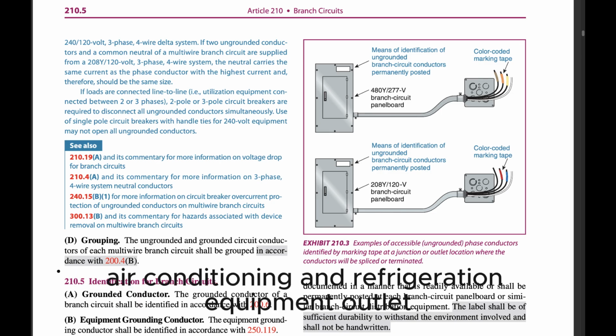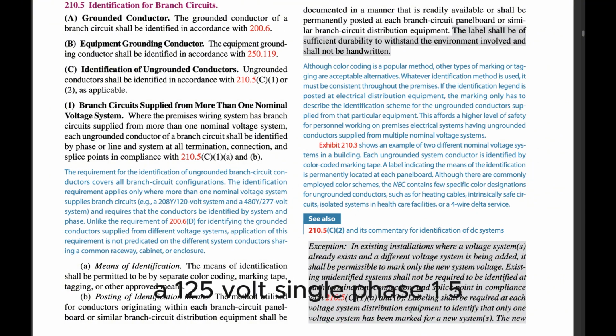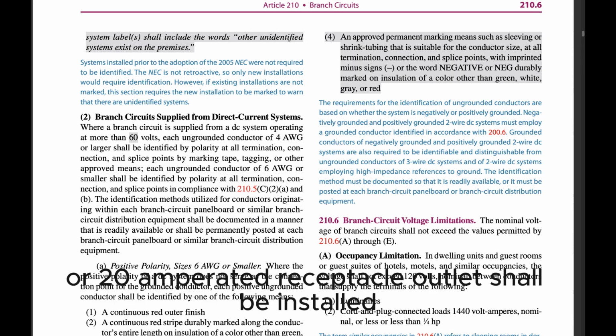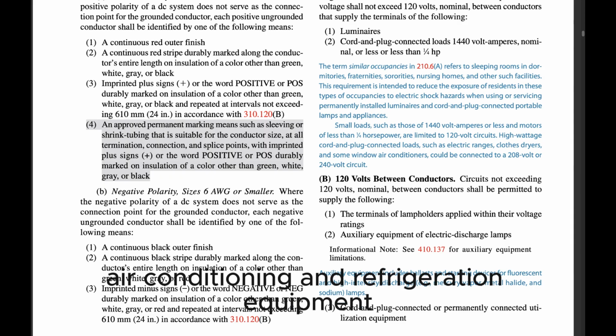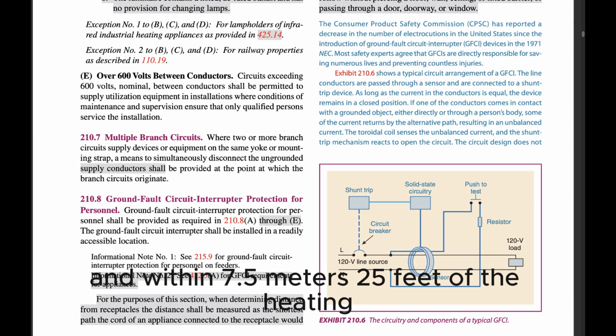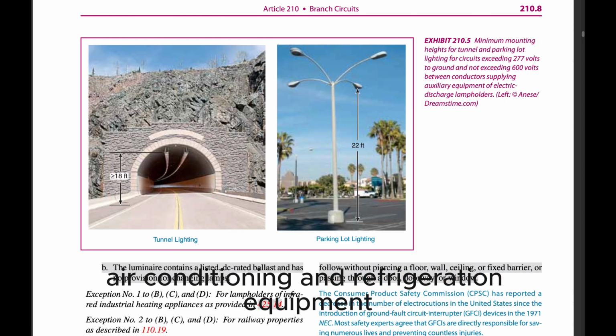210.63 Heating, air conditioning, and refrigeration equipment outlet. A 125-volt, single-phase, 15 or 20 ampere rated receptacle outlet shall be installed at an accessible location for the servicing of heating, air conditioning, and refrigeration equipment. The receptacle shall be located on the same level and within 7.5 meters (25 feet) of the heating, air conditioning, and refrigeration equipment.